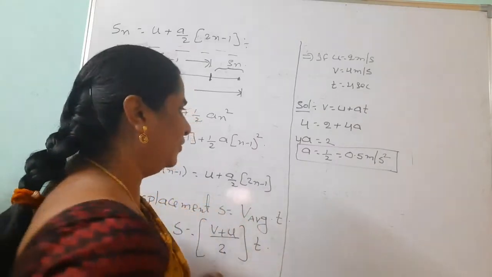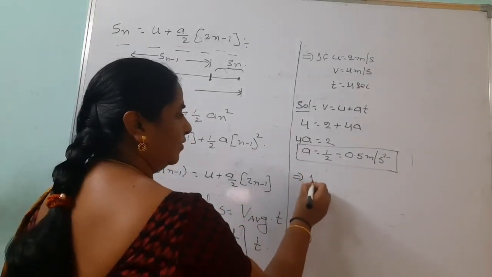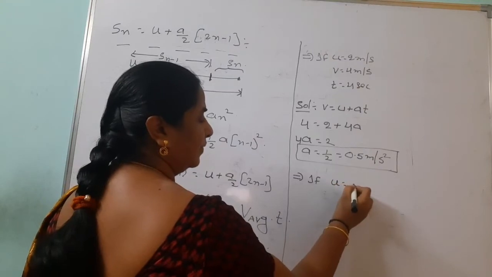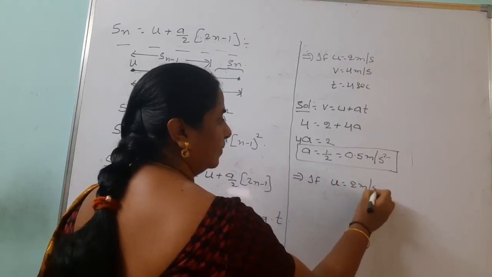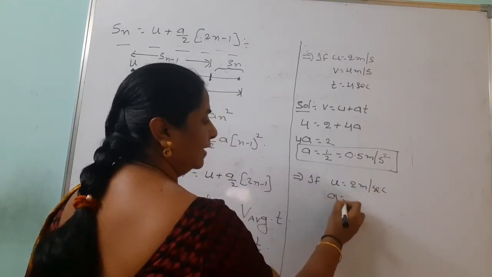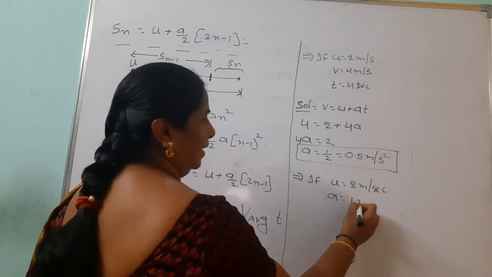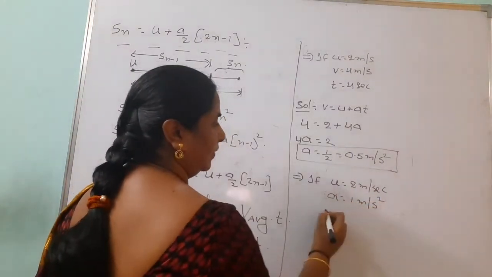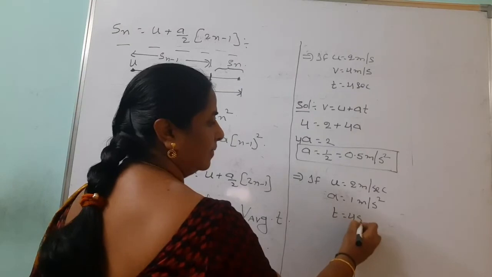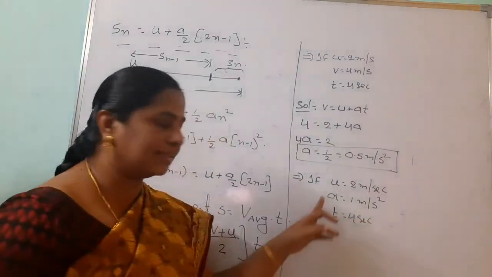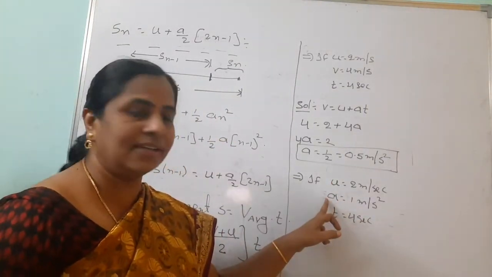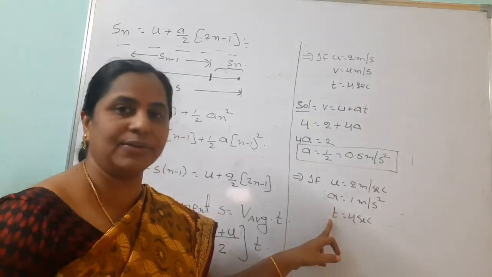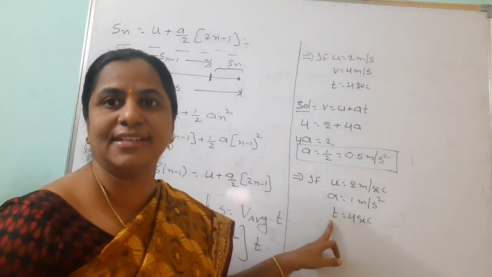One more problem we are doing here. See, if initial velocity is 2 meters per second, acceleration is 1 meter per second square, and time is 4 seconds. So the given data: we know the initial velocity, the acceleration, and the time. How do we find the distance covered?